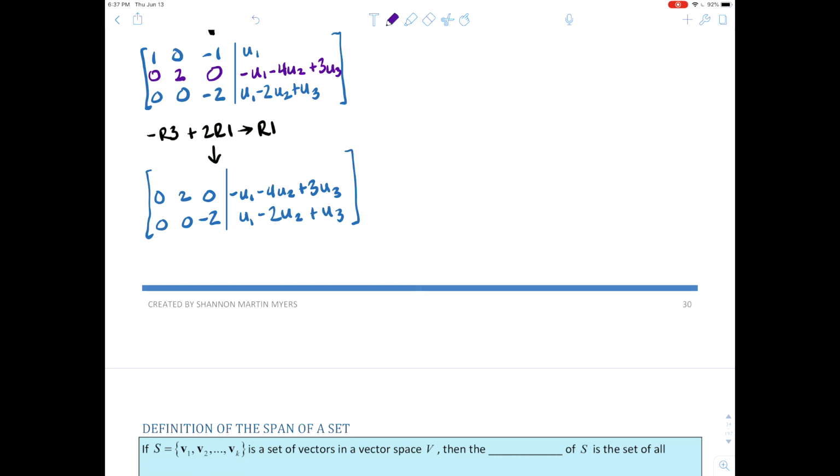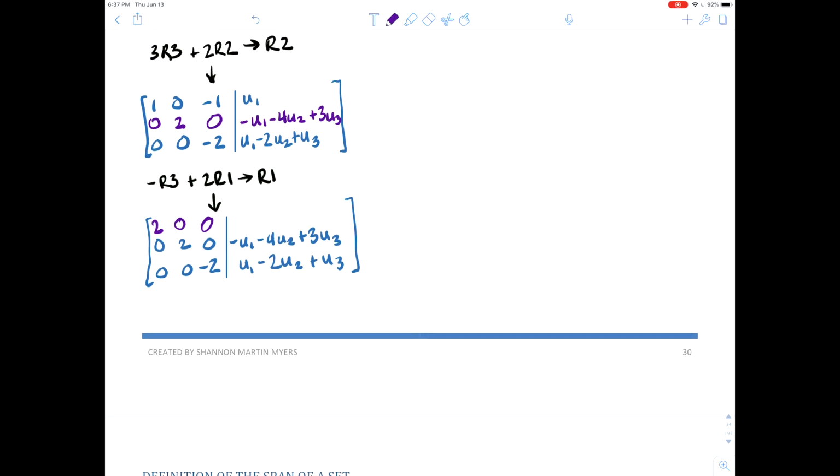Okay, so let's see. We'll end up with 0 plus 2 is 2. Again, be careful. You have a 2 there. And then for this next one, we still have 0. And by design, on the third one, we have 0. And then negative U1 plus 2U1 is positive U1, and then plus 2U2 minus U3.